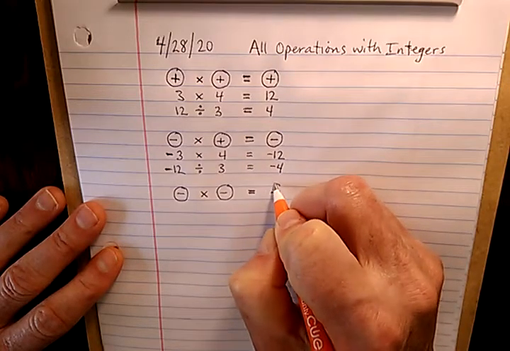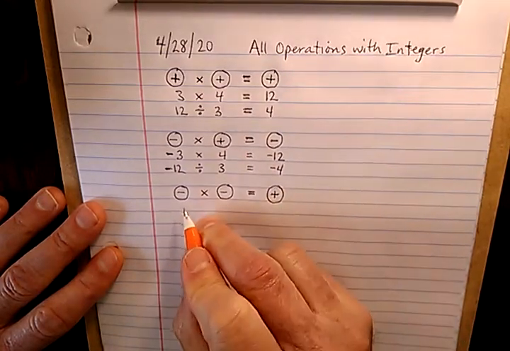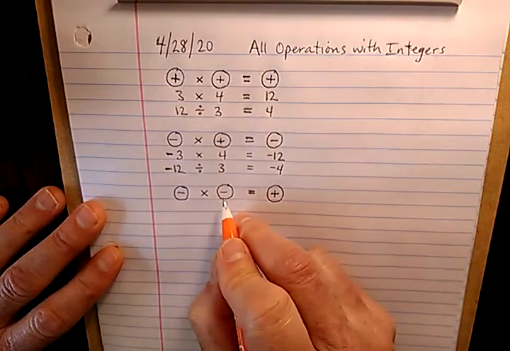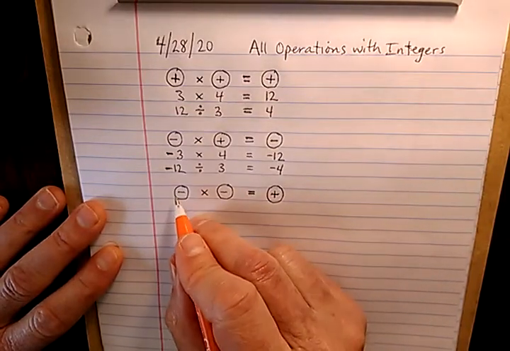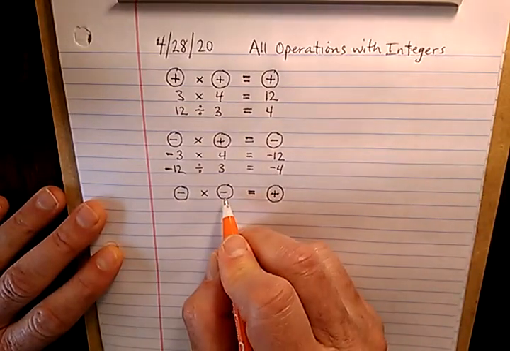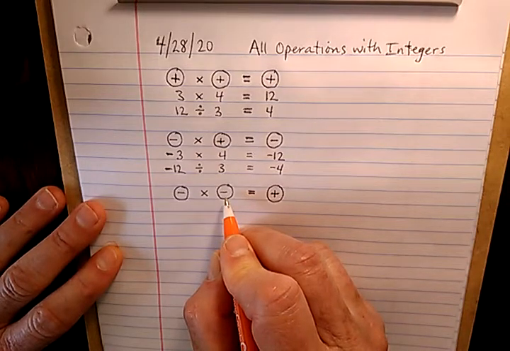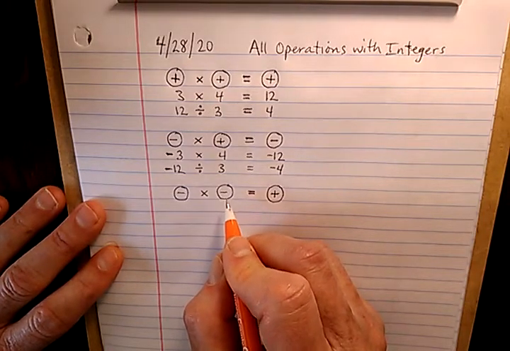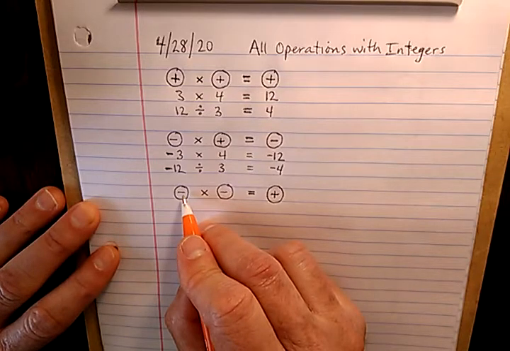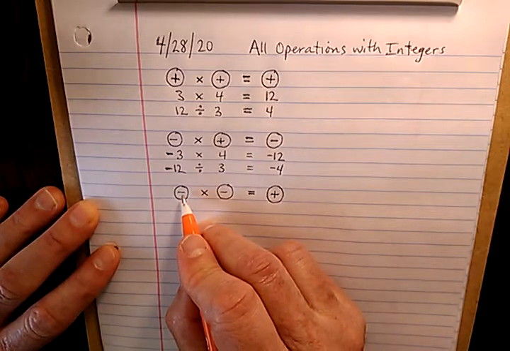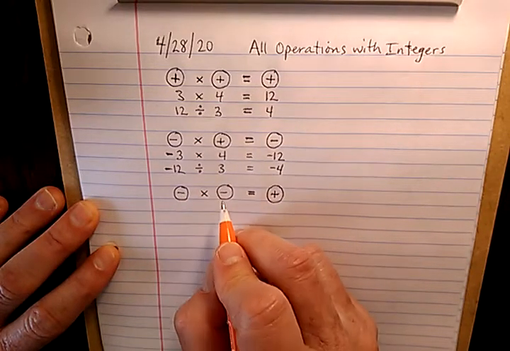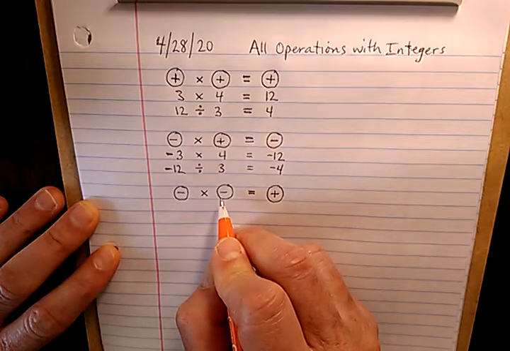And we talked about this. The reason that you get a positive from multiplying two negatives is because multiplying by another negative doesn't make it extra negative. What happens is, if we're standing on the number line, the one negative makes us go toward the negative side, but then multiplying by another negative is like flipping a switch to go the opposite direction.